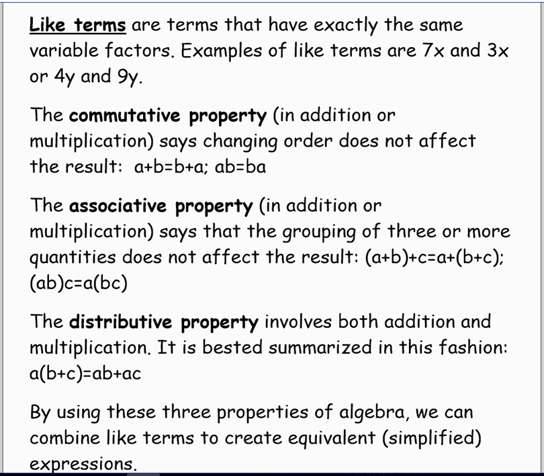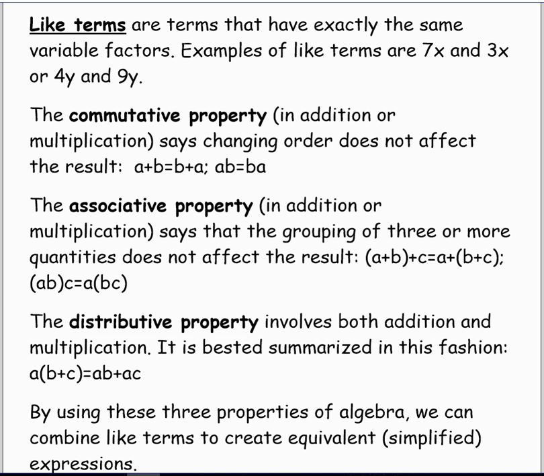The associative property, in addition or multiplication, says that the grouping of three or more quantities does not affect the result. So if we add an additional number and label it C, with A plus B plus C, we can add A plus B first and then add C to the sum, or we could add B plus C first and then add A to the sum.